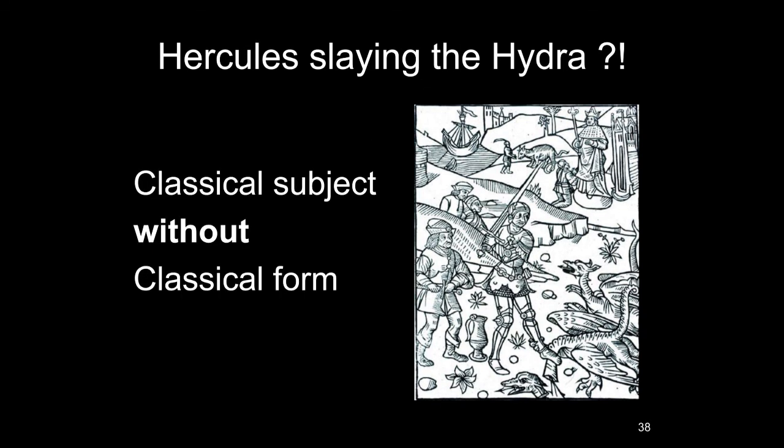So you might call this medieval or contemporary. It's not an actual medieval drawing, it's just a little retardataire. It's actually published in a 16th century book. But this shows you a classical subject, but it does not have classical form. The nude figure, the anatomy, the things that we would expect the figure to have from classical antiquity.